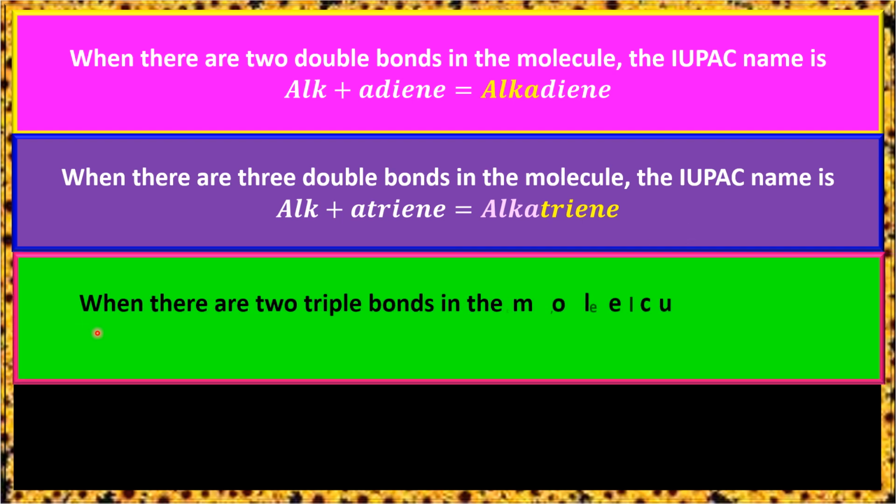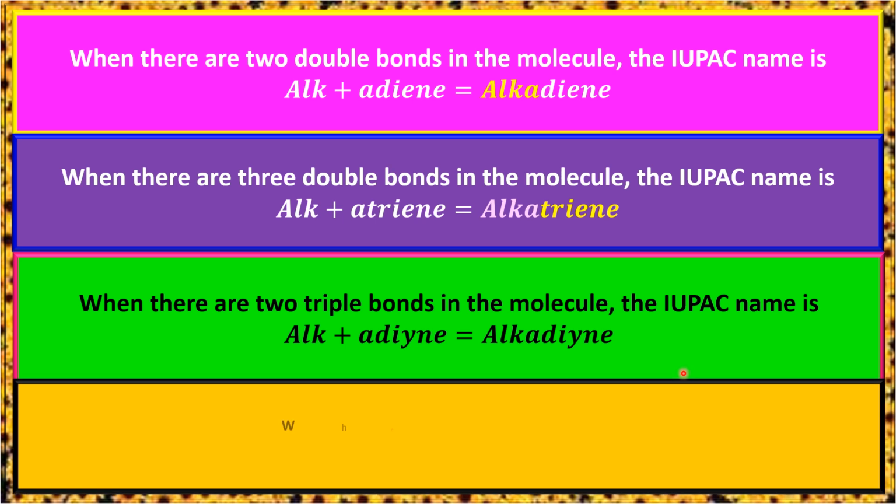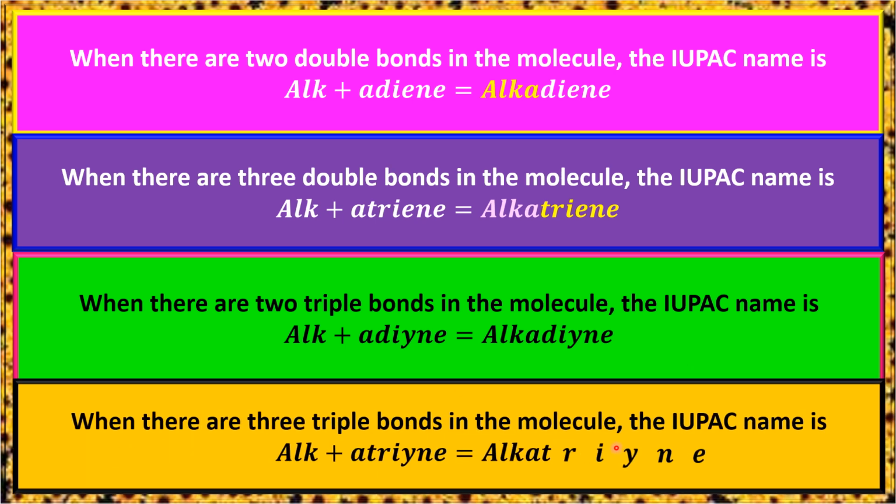In the same way, when there are two triple bonds in the molecule, the IUPAC name is alkadiyne. When there are three triple bonds in the molecule, the IUPAC name is alkatriyne.